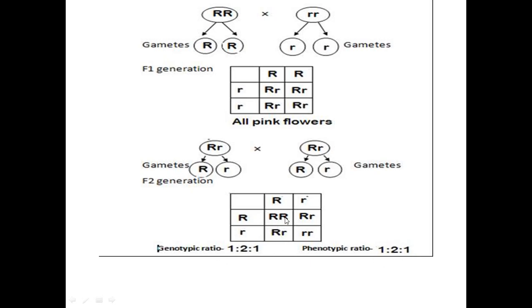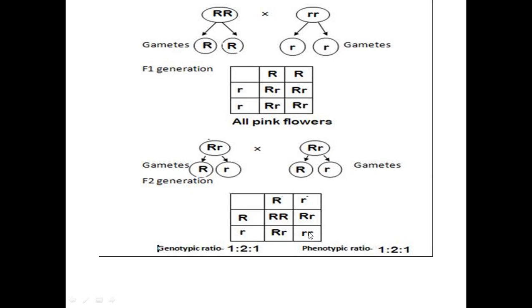Here you can see this genotype produces red flower, this genotype produces white flower, and these two heterozygous genotypes produce the intermediate phenotype, that is pink colored flowers. So one part red, two parts pink, and one part white.